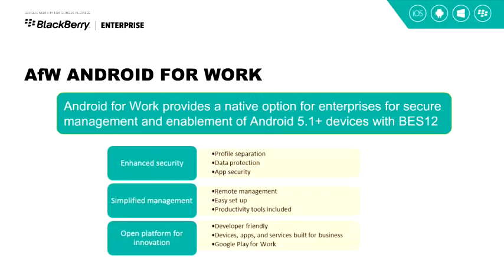But starting with 5.0 and starting with us with 5.1, the support is actually embedded now into all Android phones using that OS release, and it makes for configuration relatively trivial. You don't need to do a lot of wrapping. You don't need to do anything special to make the application work. It simply pairs very simply with a BES12 environment.